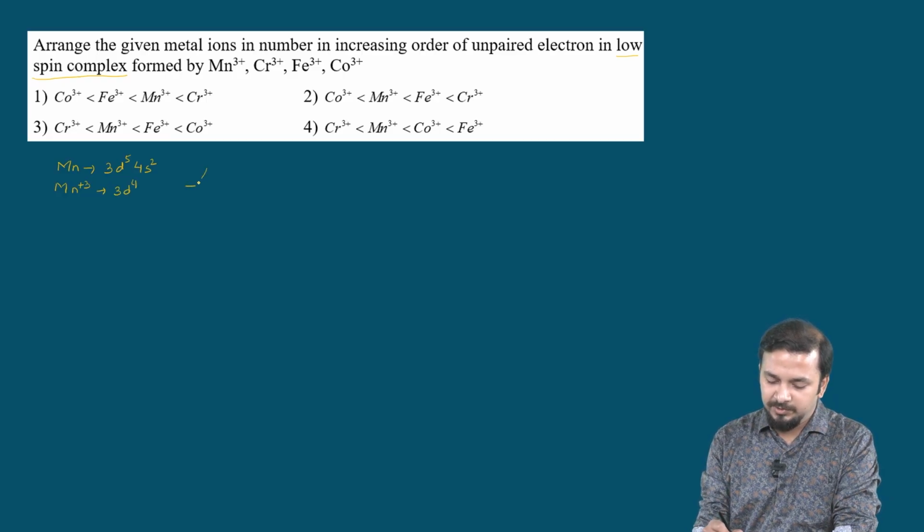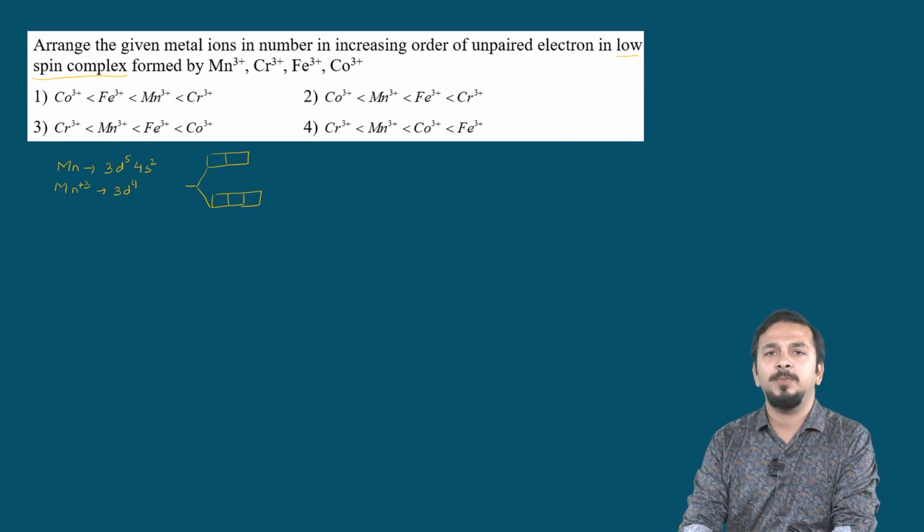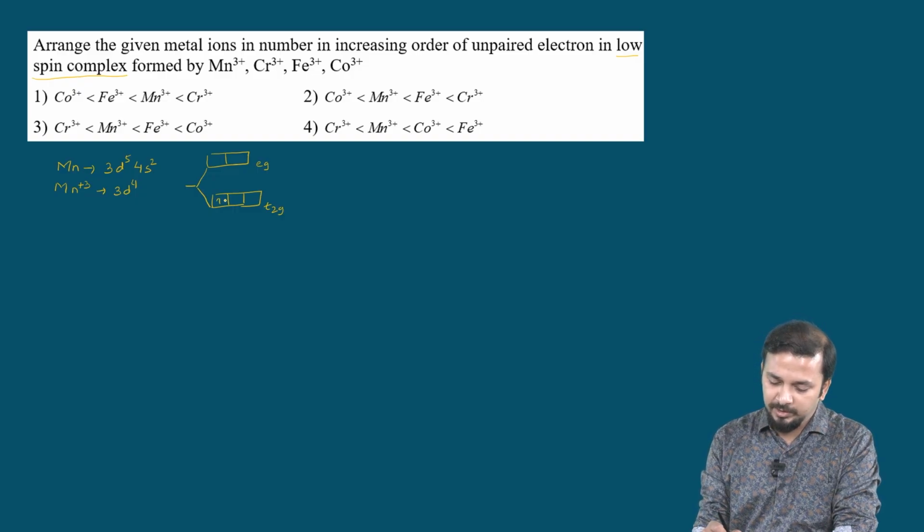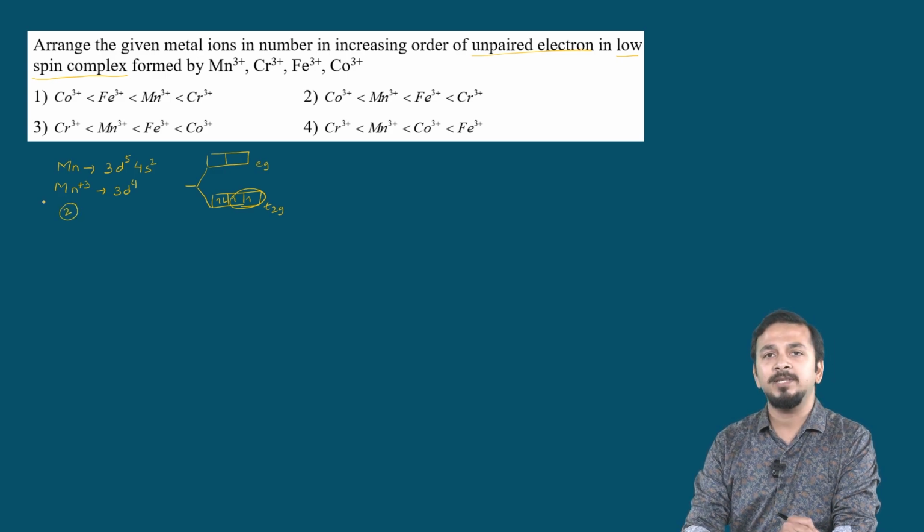Now if you see splitting, we have t2g orbitals over here and we have eg orbitals over here. t2g orbital will have lower energy and eg orbitals will have higher energy. Now we have to fill these 4 electrons over here. So if you fill these 4 electrons, we'll have 1, 2, 3 and 4. So what we can see is there are 2 unpaired electrons over here. They're asking us the number of unpaired electron. So in case of Mn plus 3, I can write 2 unpaired electron is present.